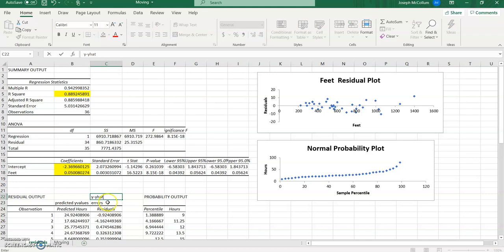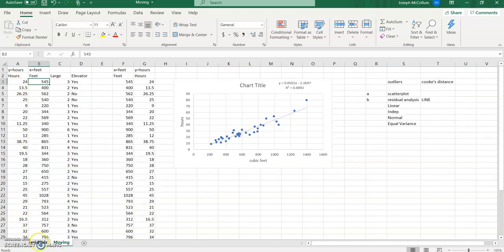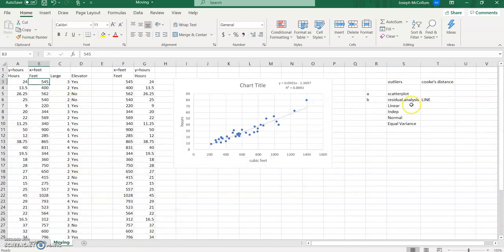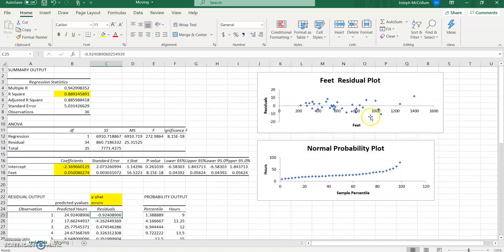I want to make that very clear, something you should memorize. What is the residual equation? Well, it is y minus y hat. And so 24 minus 24.92 is that. What we're doing is looking at the residuals, the errors. And when we do this error check, linearity, independence, normality, equal variance, we're really zooming in on the residuals.